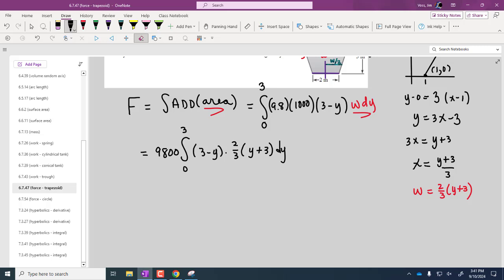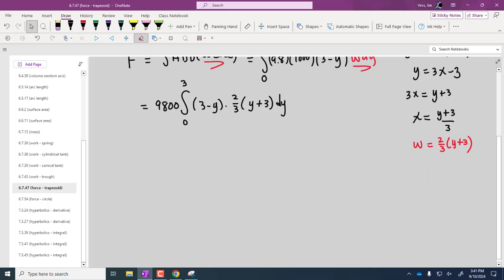Now we have our integral totally set up. So we're going to pull the constants out to the front. So we've got the 9800 multiplied by 2/3. And then on the inside, we're going to simplify by FOILing this thing out.